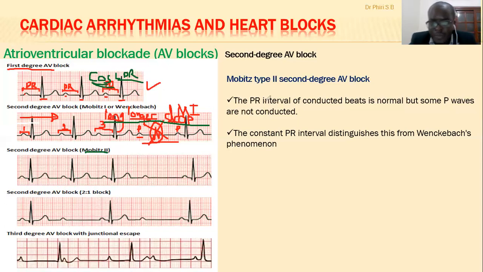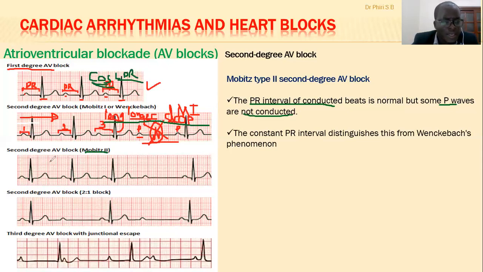But now, how can you differentiate it from Mobitz type 2, second degree AV block? So the PR interval of conducted beats is normal, but some P waves are not conducted. So here you can see that PR interval is normal, but some P waves are not conducted. So this is how you differentiate the two.